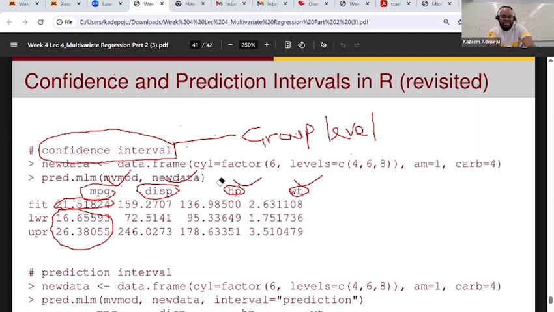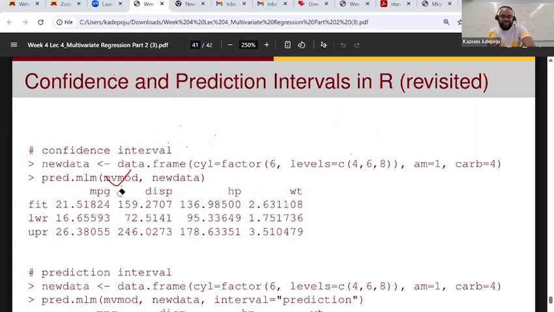Here we are giving the values of the predictors. We have three predictors: when AM is 1, when carb equals 4, and when the cylinder level is 6. That is the prediction we're making across the response variables.